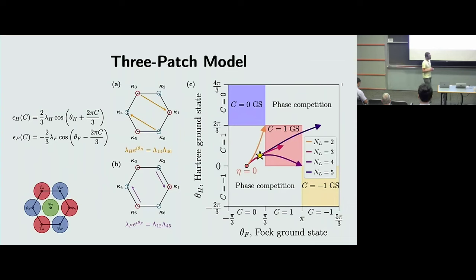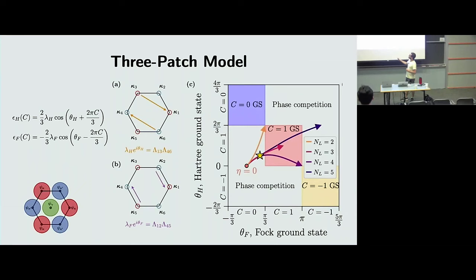There, we find that two Pancharatnam phases that talk about kappa to kappa and kappa to kappa prime scattering control the Hartree and the Fock energies, and those tell you which Chern number is going to pop out. They tell you about the competition between Chern 1, Chern 0, and Chern -1, mod 3. And you can write this phase diagram thinking about what happens as a function of density.